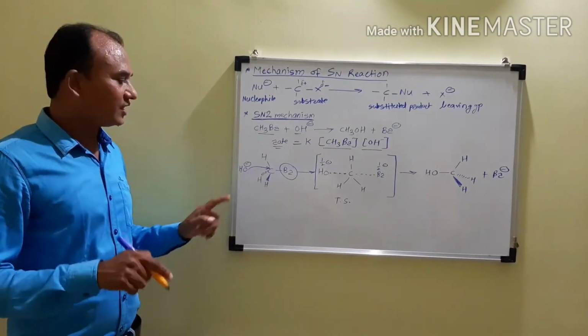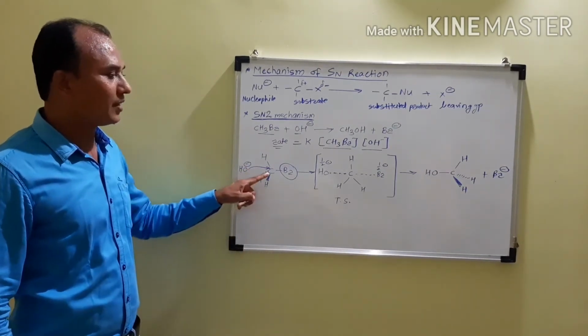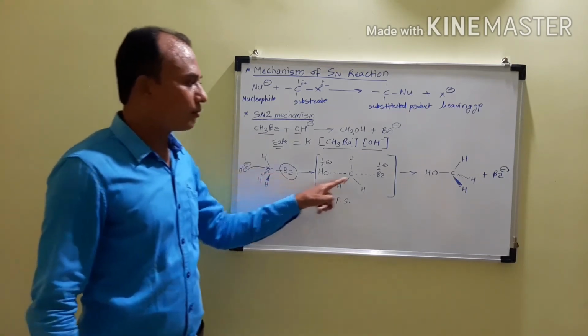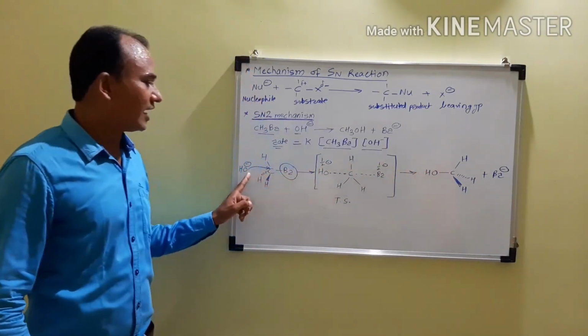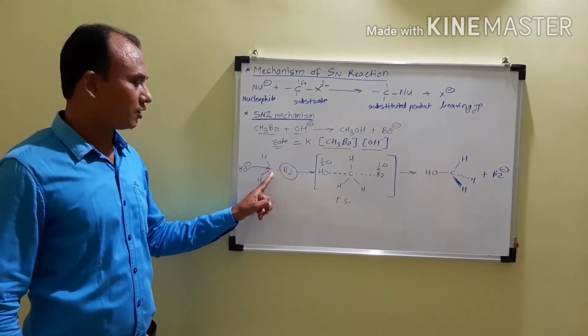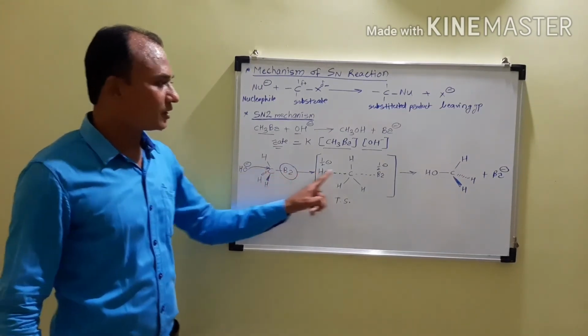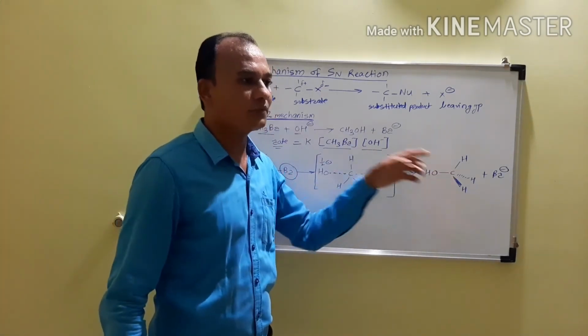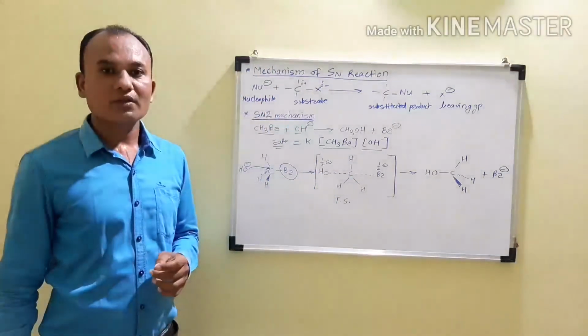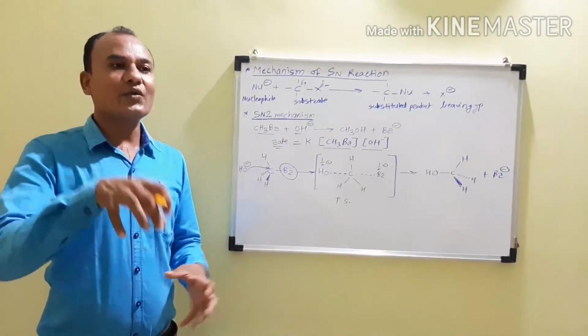Now if the hydroxyl ion attacks from the backside, the bond formed must be opposite to the carbon-bromine bond. In that case the carbon-bromine bond is on the right hand side, but the carbon-hydroxyl bond which is formed is on the left hand side. It means we are getting the inverted product.